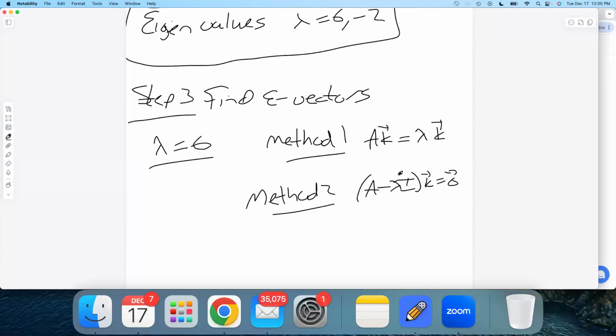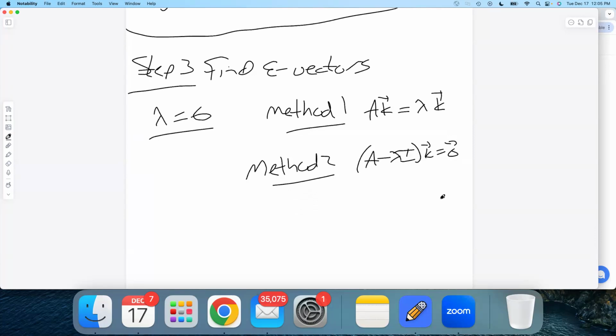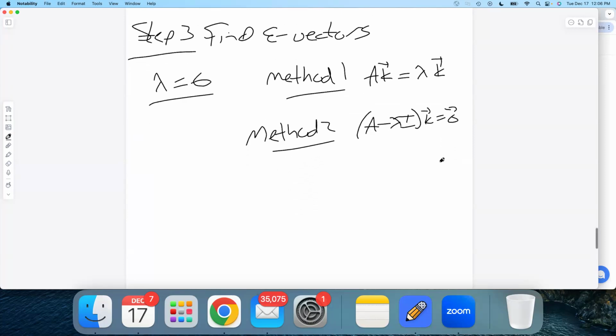Literally the same information. It's the exact same equation, just here I've moved everything over to the left-hand side. I think this second one is much easier. But just for completeness, I'm going to write it up both ways, and then we're going to use the second way to solve, and that's what we're going to do from now on. This by far is the easier way, but I just want you to see you could use this.